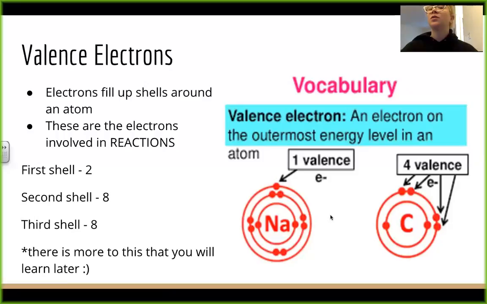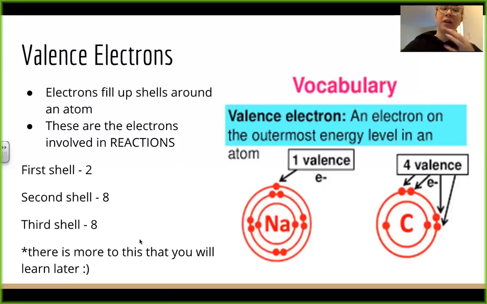Sodium, for example, will bond with something like chlorine because chlorine has 7 valence electrons. And guess what? 7 plus 1 equals 8. So sodium and chlorine will basically form a bond together so that they can create full shells of electrons.